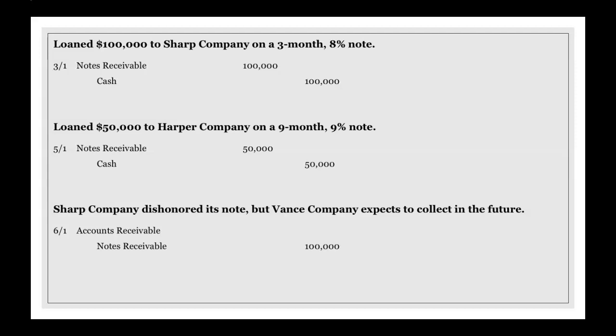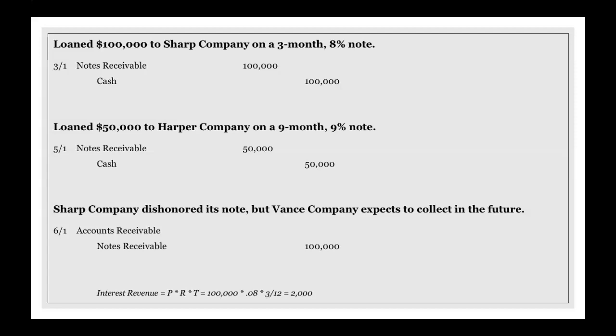But then we also want to record the interest that was built up over the past 3 months. So we need to calculate our interest revenue here. To do that, we take our principal times the interest rate times time. So your principal, $100,000. Your interest rate is 8%. And remember, that's an annual interest rate.